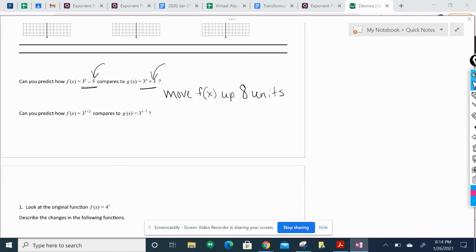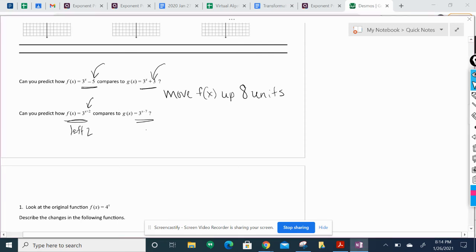Okay, next one. How can we predict how f of x equals 3 to the x plus 2 compares to f of x equals 3 to the x minus 7? Well, f of x equals 3 to the x plus 2. That plus 2 is trapped. So I'm going opposite direction than I think it should go. This one's going to move to the left 2.